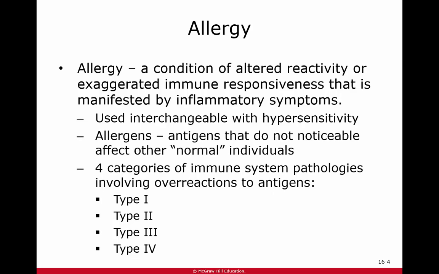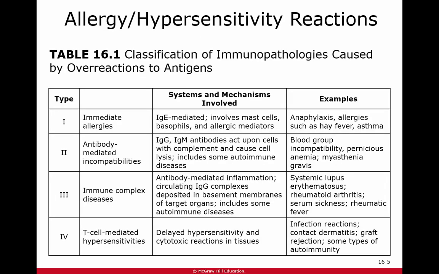Just to give a quick rundown of these, a quick outline. Type 1, these are your immediate allergies, and basically all of what we're going to talk about in this first section, part A of 16, are going to be the type 1 immediate allergies, typically regulated by IgE, and we mentioned this in the last chapter.